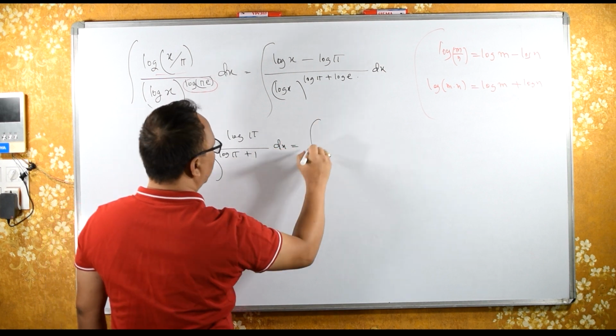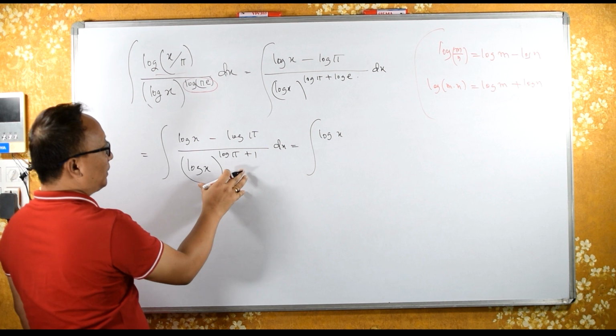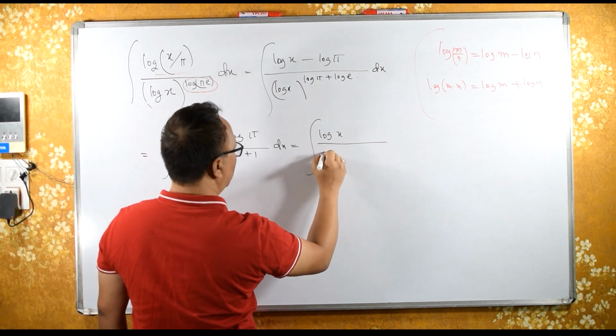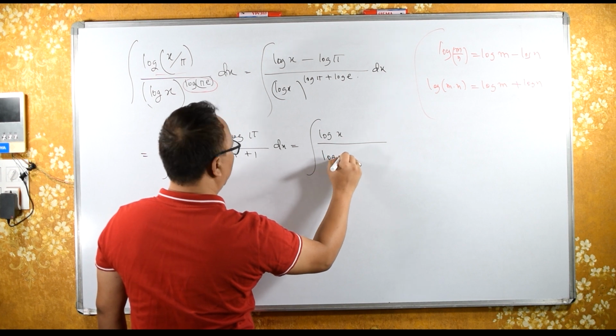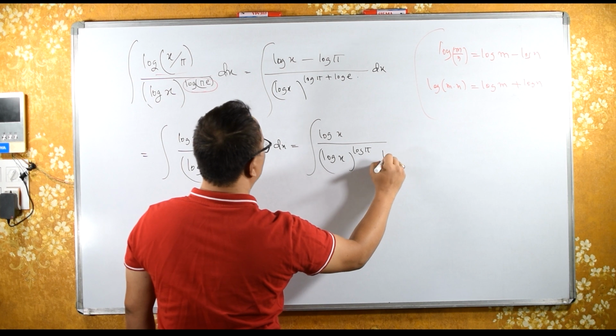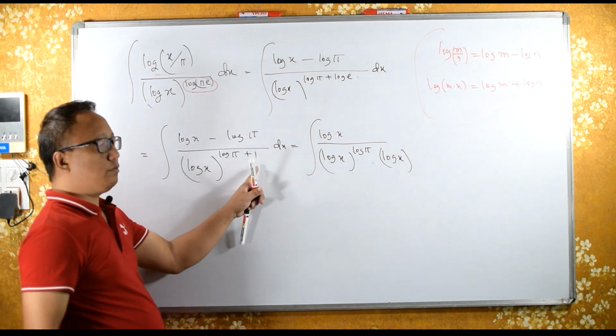Which is equal to integral log of x. Let's separate this upon this as well as this upon this: log of x raised to log of pi into log of x raised to what? X raised to 1, okay.